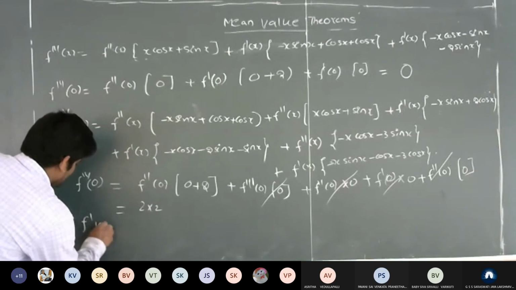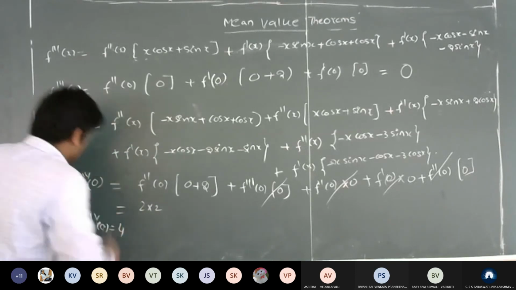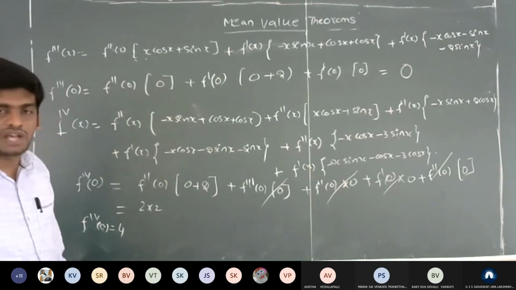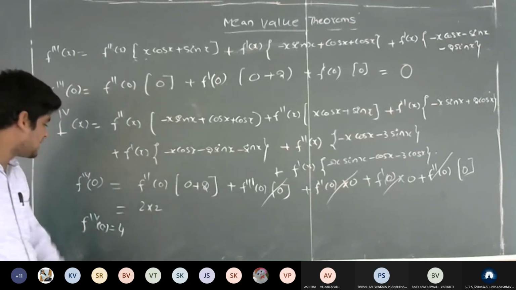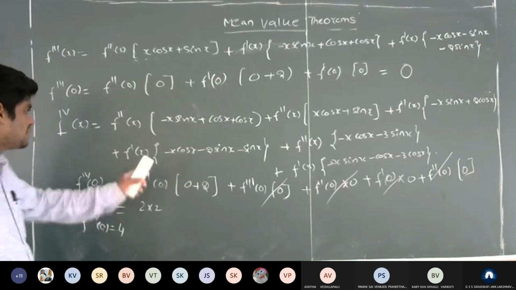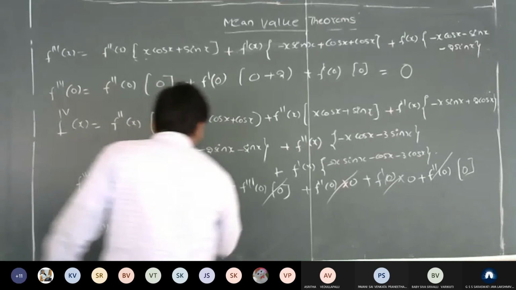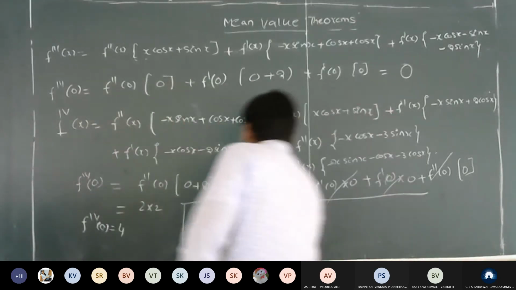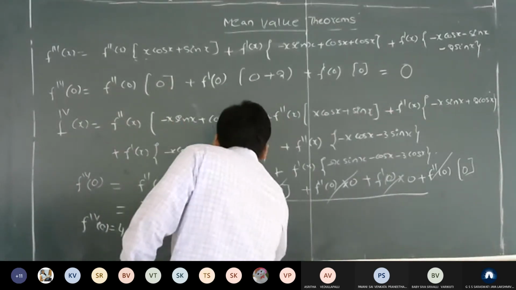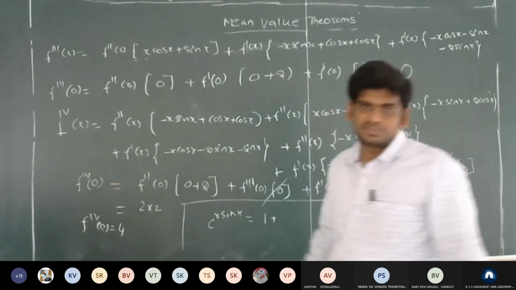F fourth dash of 0 is why? Because f double dash is non-zero, so definitely f fourth dash must also be non-zero, right? So you have to substitute these values in equation number 1. Then you will get e power x sin x is equal to 1 plus 1, that is f of 0.